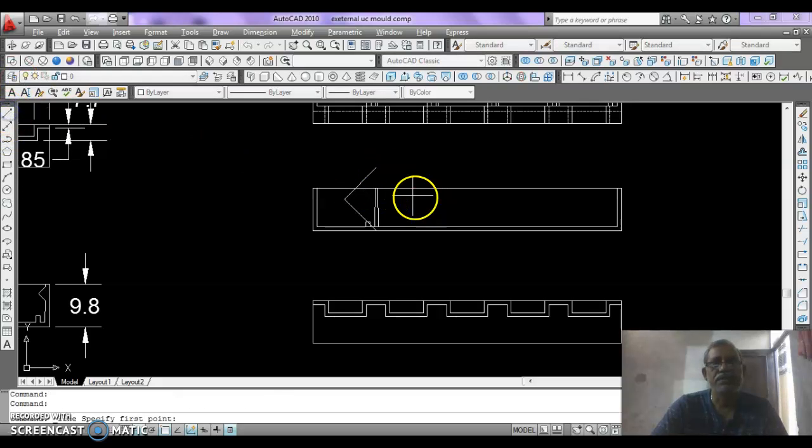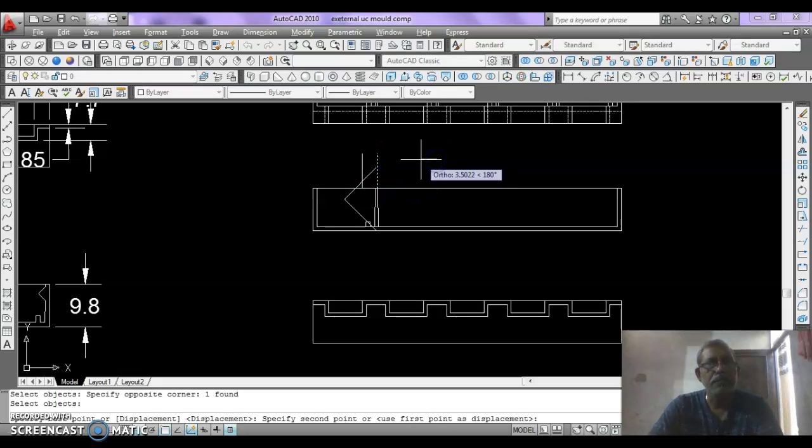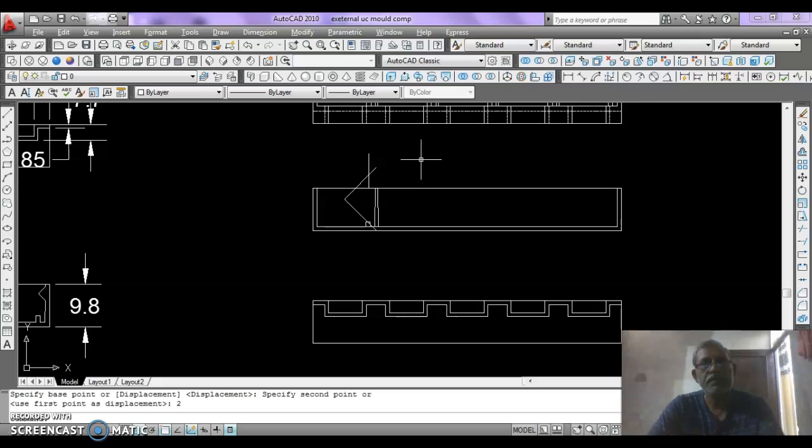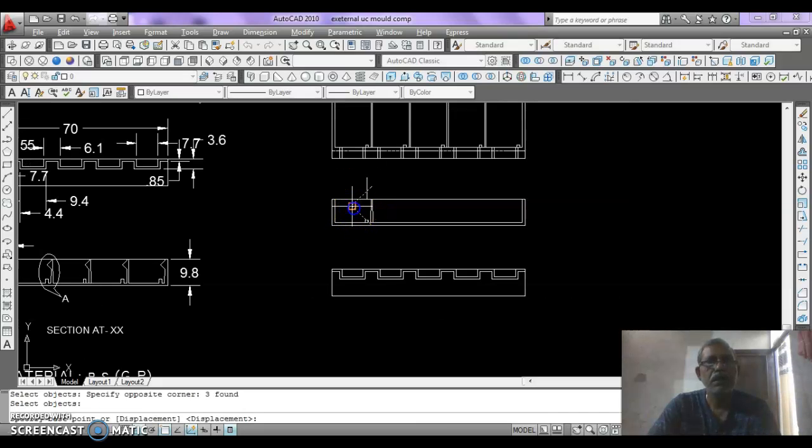So we just draw a line here and move it by 2 mm. Then move all this at the perpendicular of this.